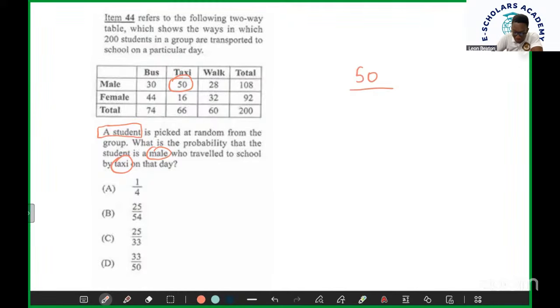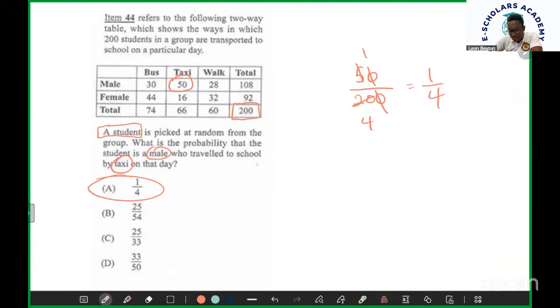So the total that you put it over would be 200, because a student is picked at random. So it's 50 over 200. This 0 goes with that 0, 5 ones 5, 5 into 25. So this is 1 over 4, which is A.